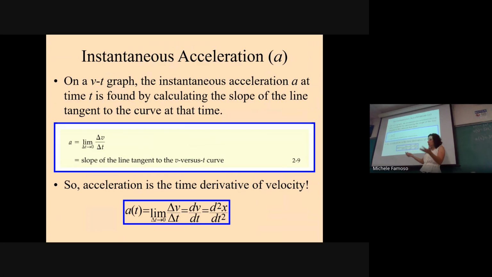So a second derivative just means you're going to take a derivative and then do it again. You're doing 2 derivatives in a row. That's what a second derivative is. That is how you write it, d squared x with respect to t squared. These d's refer to derivatives.